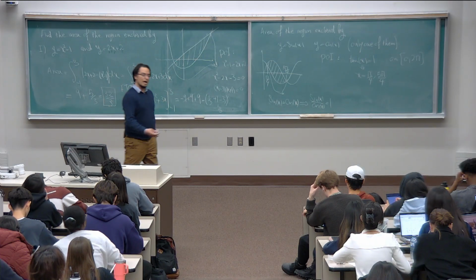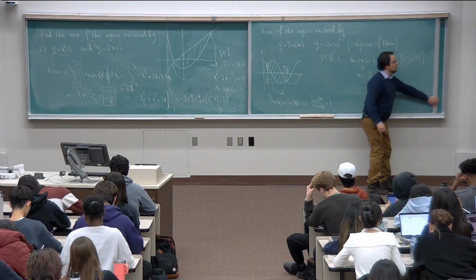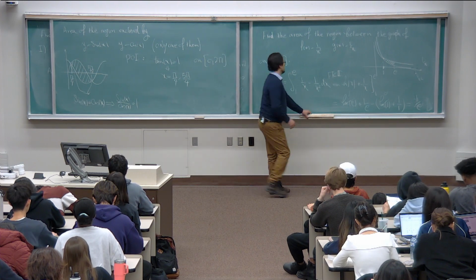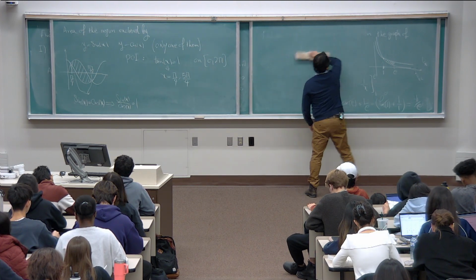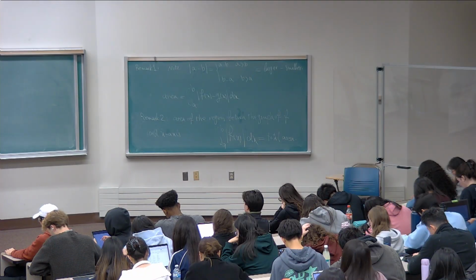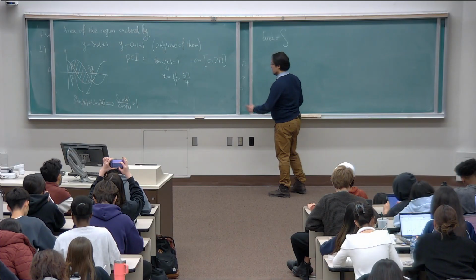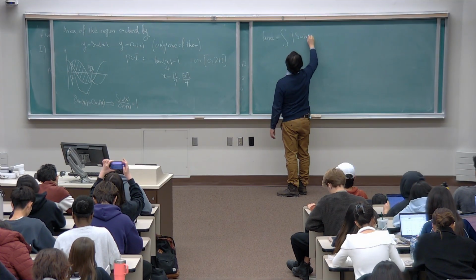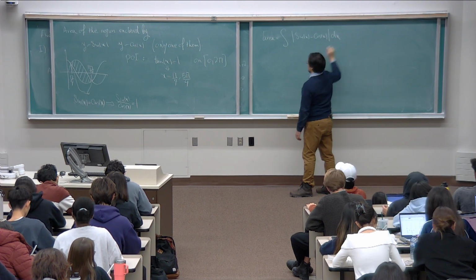So now I can write the integral that gives me this area by just saying that, okay, the area is the absolute value of the integral of the absolute value of f of x minus g of x.